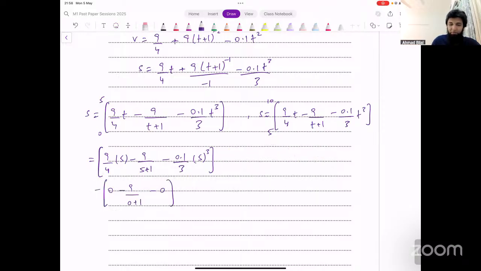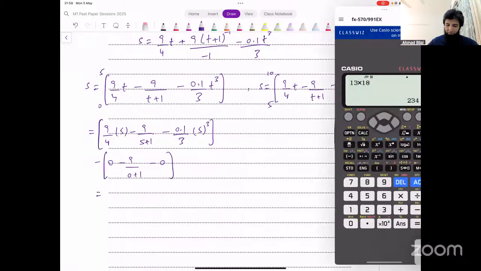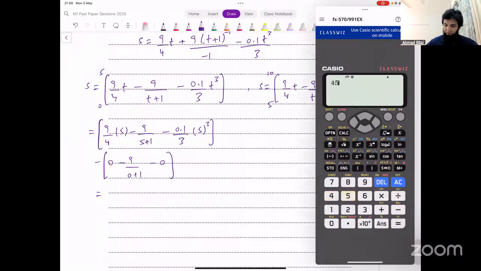Okay, now we can simplify this and see what that gives us. Let's figure this out. 45 divided by 4 minus 9 over 6 minus 0.1 divided by 3 into 125. I would recommend that you write this first separately. 67 over 12.